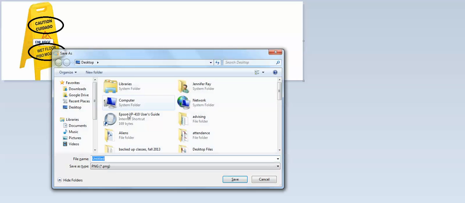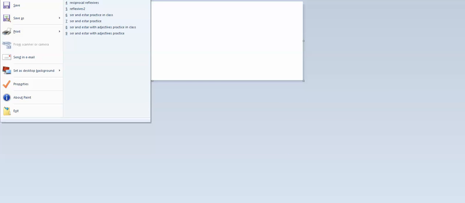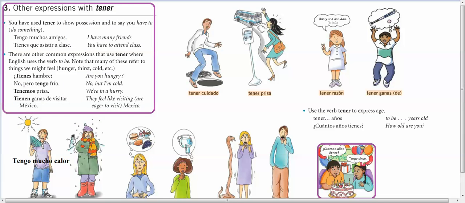What it's telling you is that the floor is wet. Piso mojado, that means the same thing. Because the floor is wet, they want you to be cautious. So cuidado just means to be cautious or to be careful.